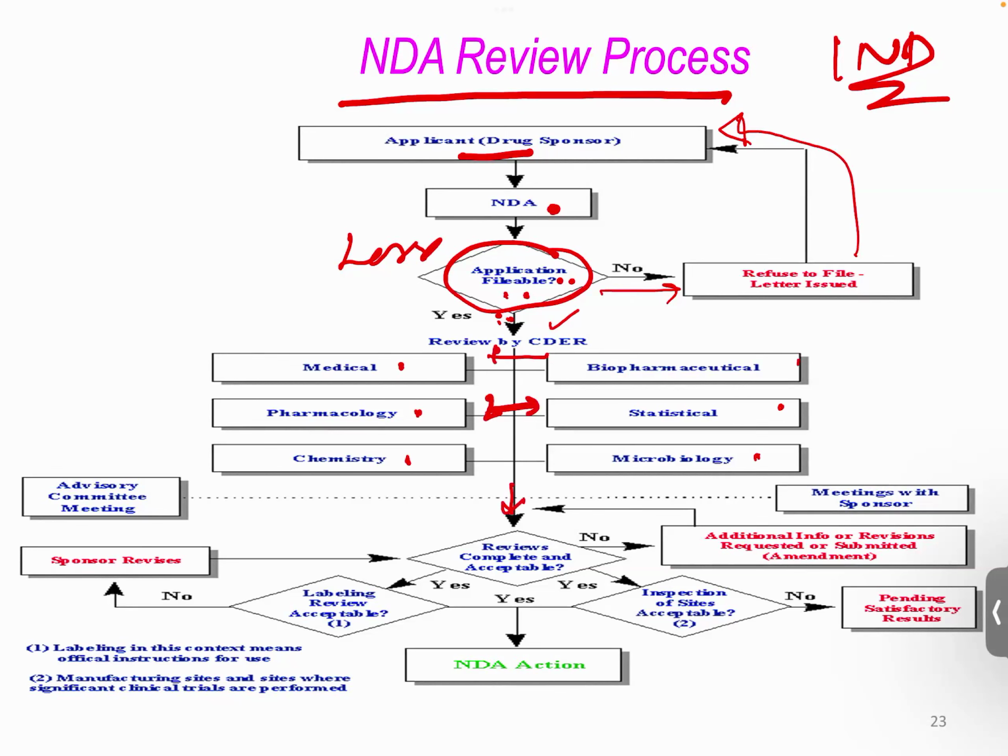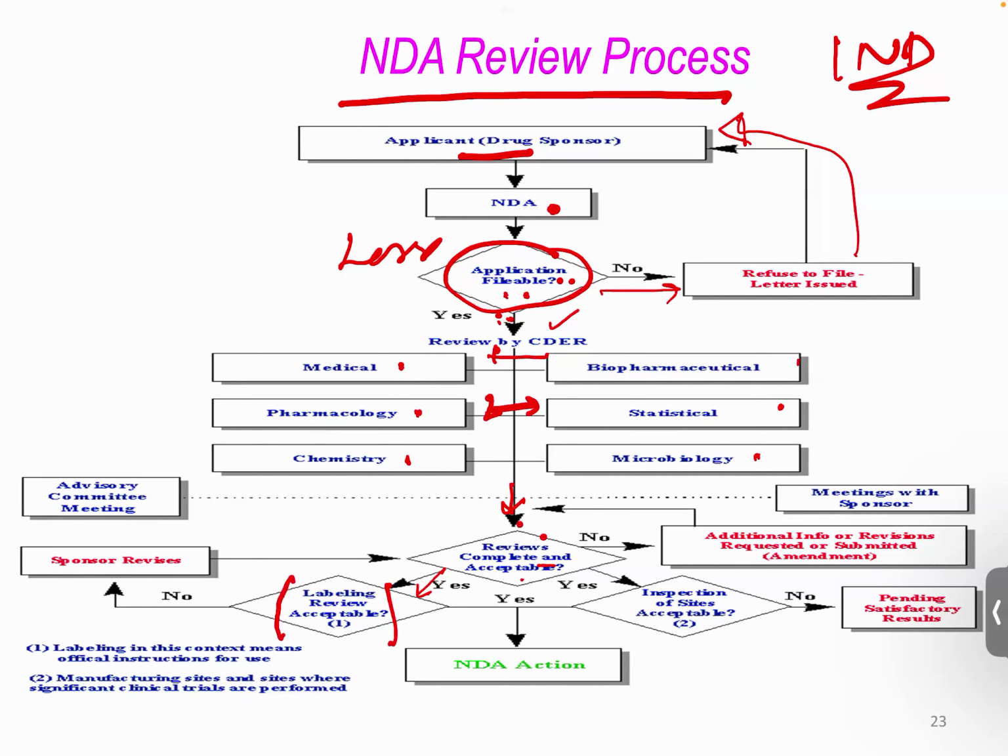So now coming here, is the review complete or acceptable? If yes, what will be the next action? There will be a review for the label. Acceptable means that everything is perfect related to clinical data.